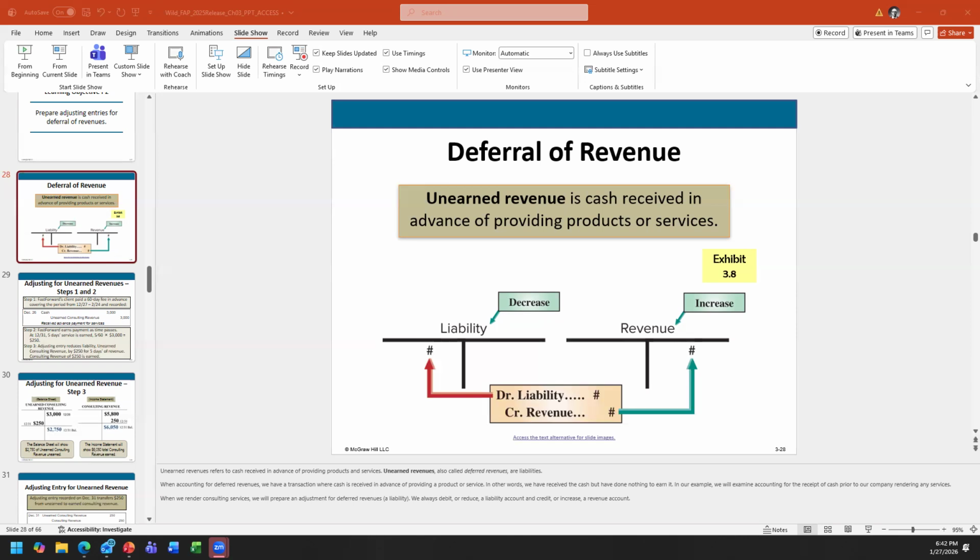What I'm going to do there is I need to pay Dario back, and I need to reduce the unearned revenue because it's no longer anything. So I would debit unearned revenue, the $100, and I would credit cash, the $100, to show the repayment.